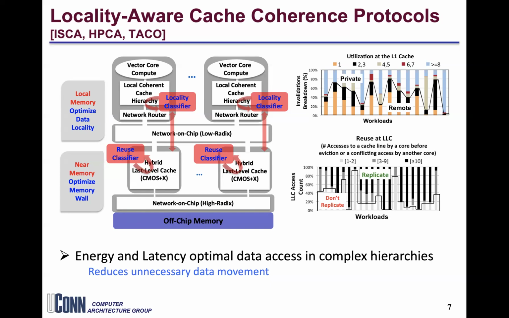This way you're eliminating a lot of unnecessary burden on the data movement costs. That led us to improve the access latency and energy consumption on these complex cache hierarchies.